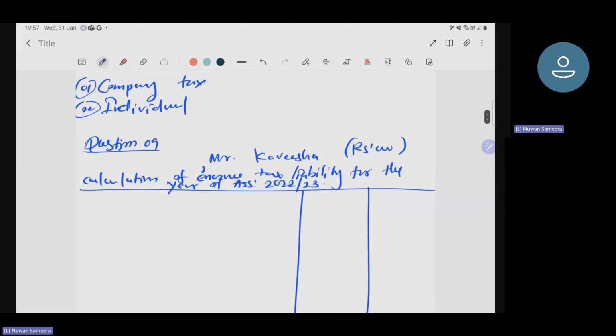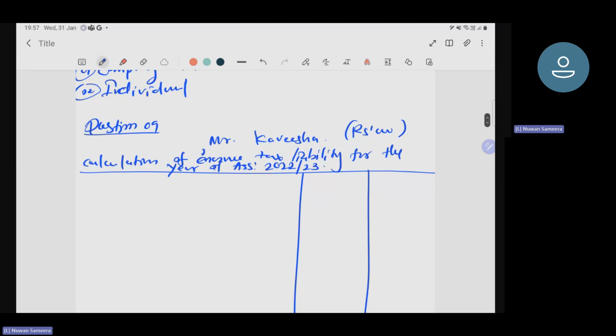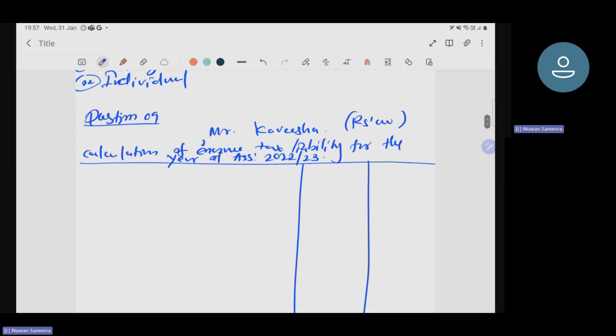You can use that too. As per the Inland Revenue Act number 24 of 2017, there are four sources of income. Employment income for an individual, then business, which is applicable in this case, then investment income, and other.